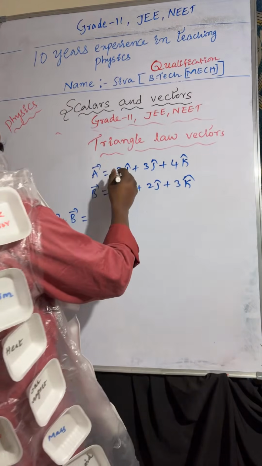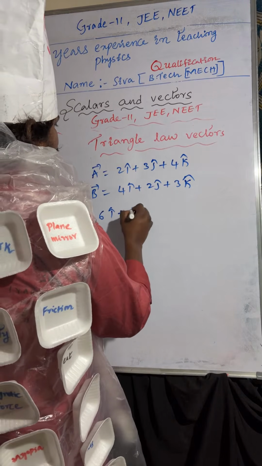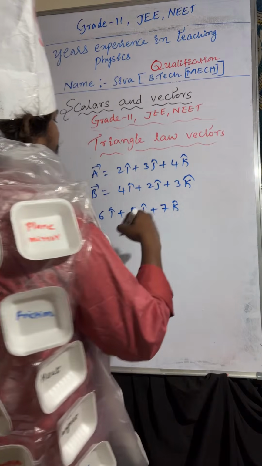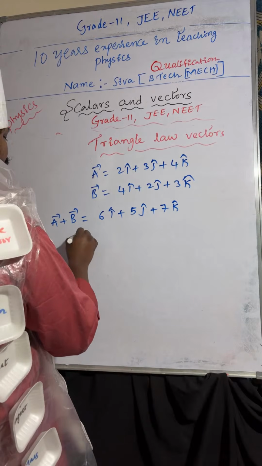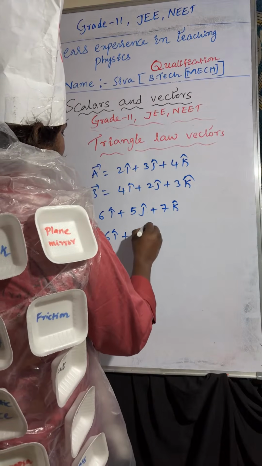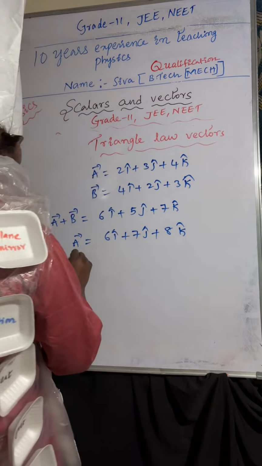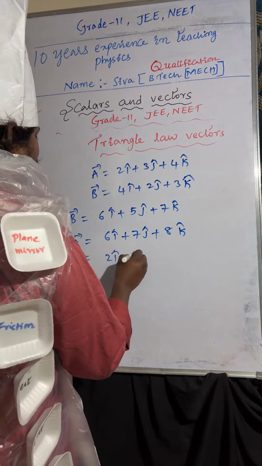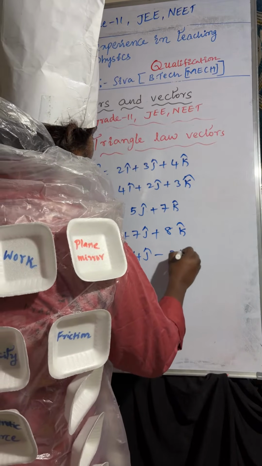Understood? So 2 plus 4, 6i cap, 3 plus 2, 5j cap plus 7k cap. Even so, if I'm taking A bar equal to 6i cap plus 7j cap plus 8k cap, and B bar equal to 2i cap, 4j cap, minus 3k cap.